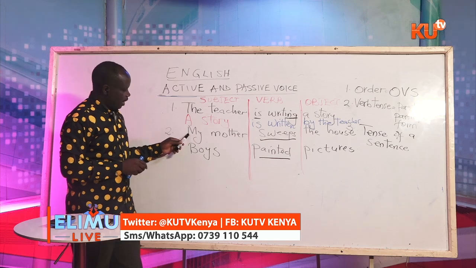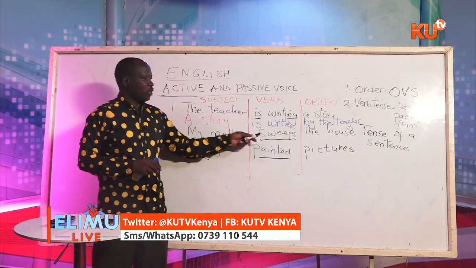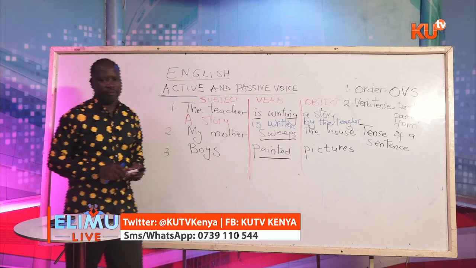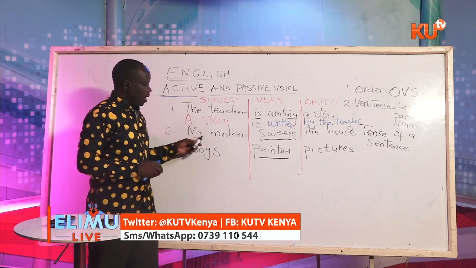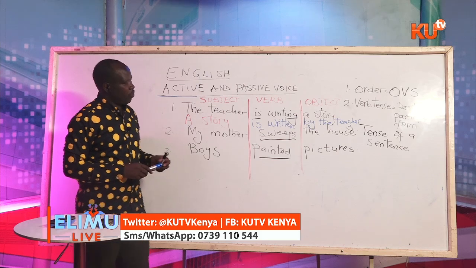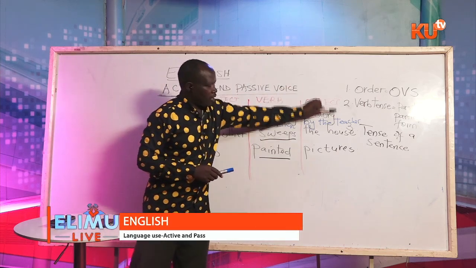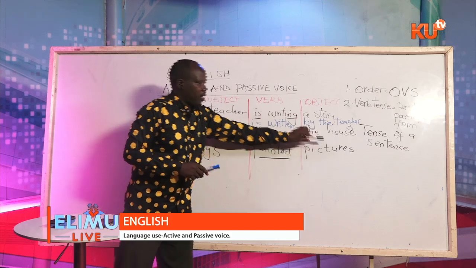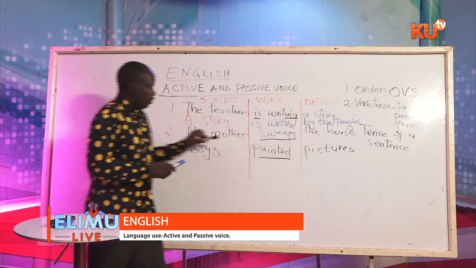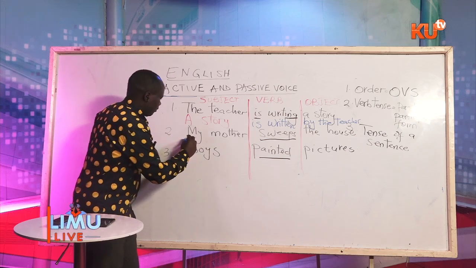Let's try and look at number 2. My mother sweeps the house. So we start with our object. This is our column for the object. We carry the object from this part to this part. So we have the house.